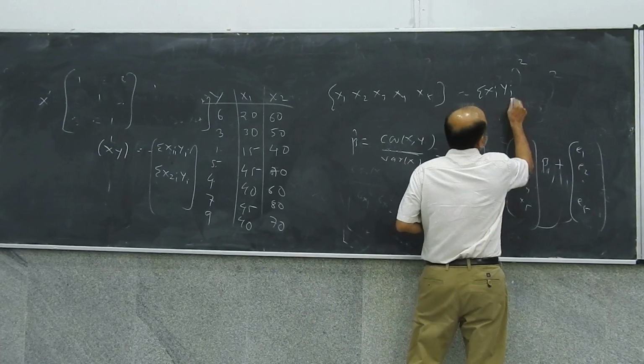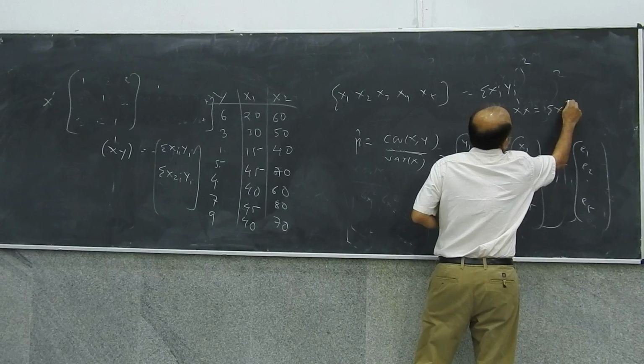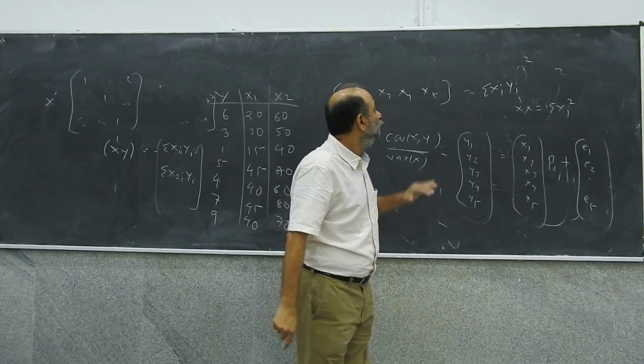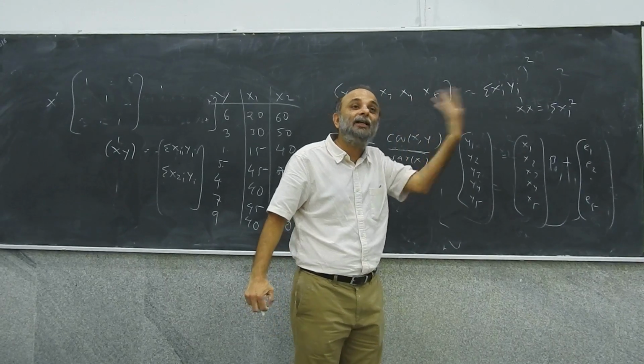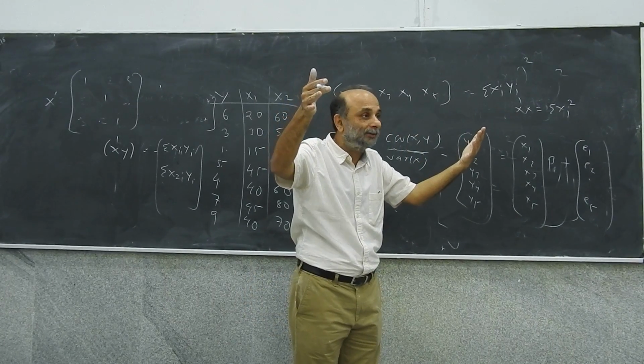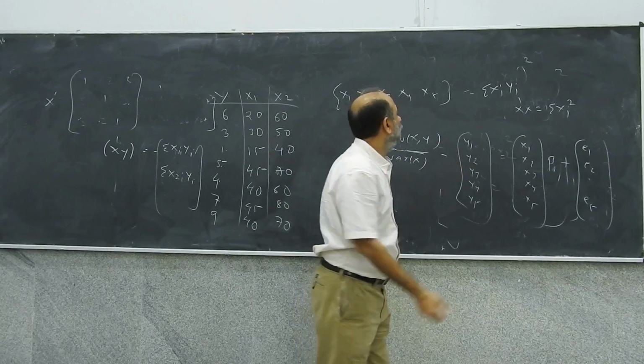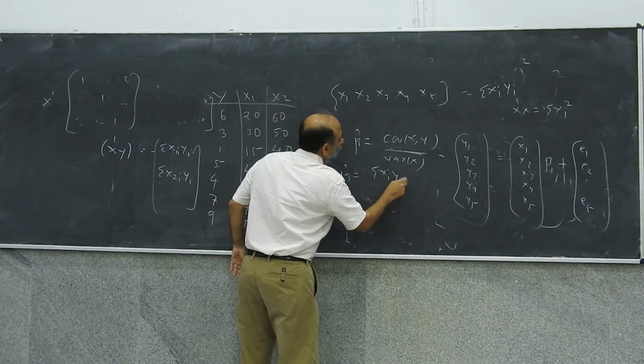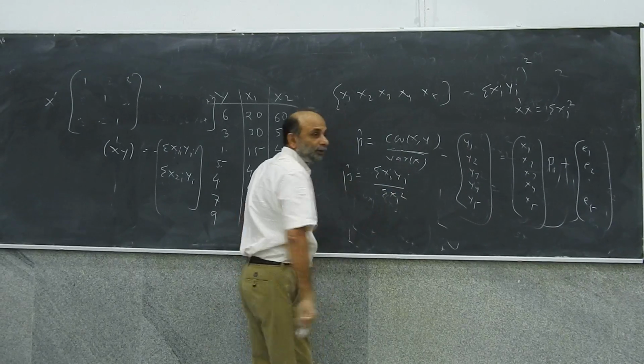So x dash x will be summation xi square. Right? So x dash y into x dash x inverse, 1 upon x dash x, will be beta. So what will beta be? Beta will be summation xi yi upon summation xi square.